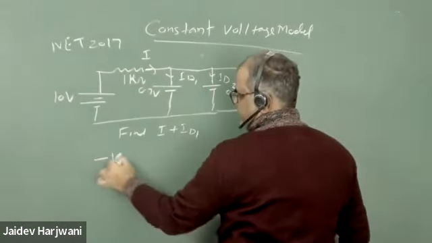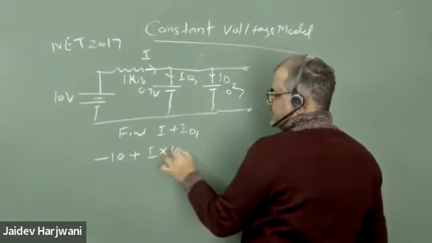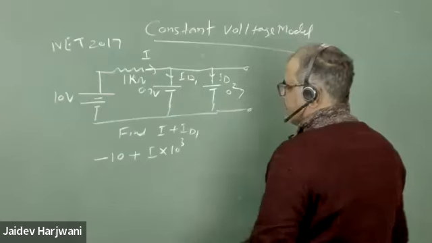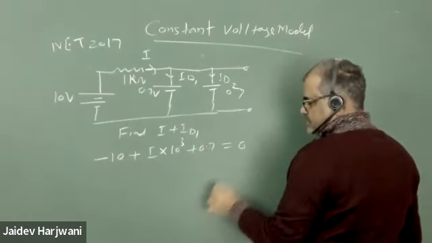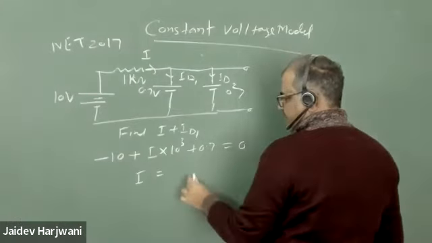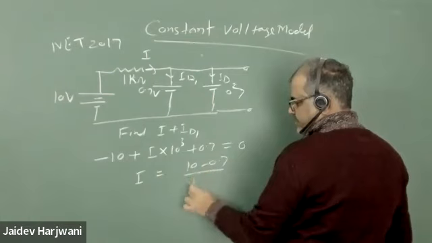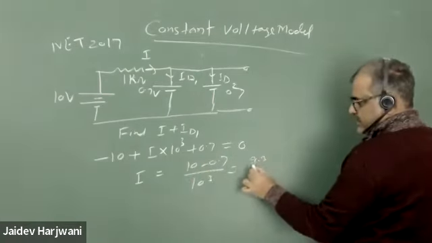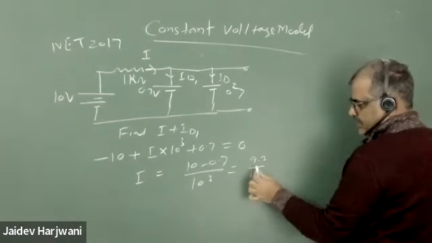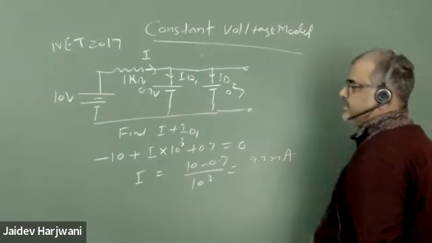Say current is I, resistance is 1 kilo ohm. 10 minus I times 1 kilo ohm minus 0.7 equals 0, and this gives me I equals (10 minus 0.7) upon 1000, that is 9.3 milliampere.